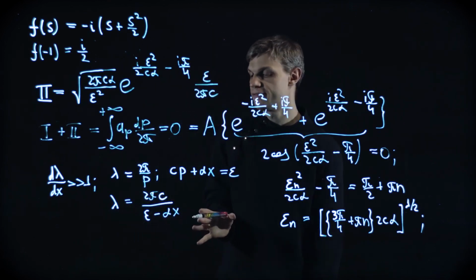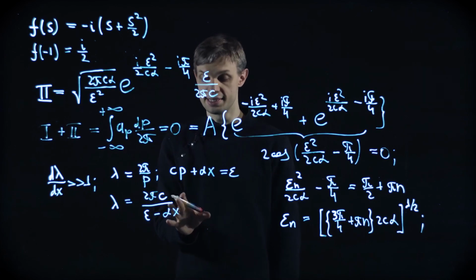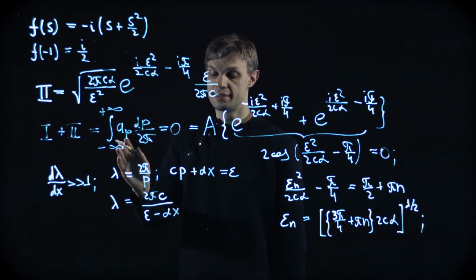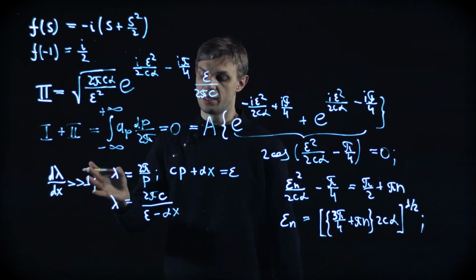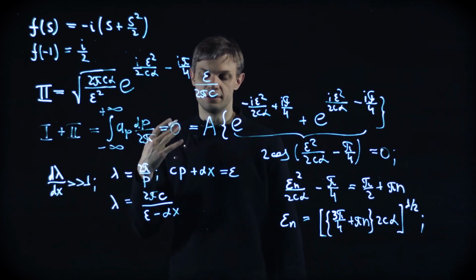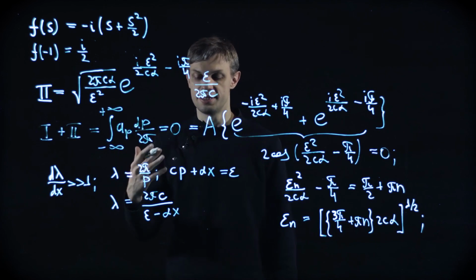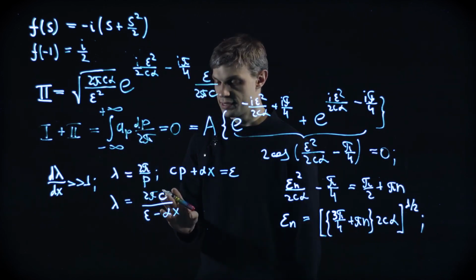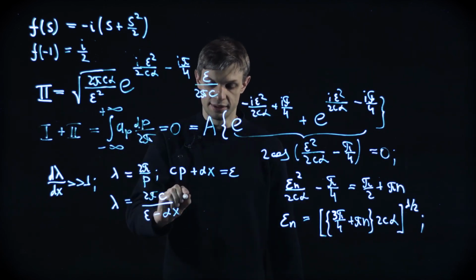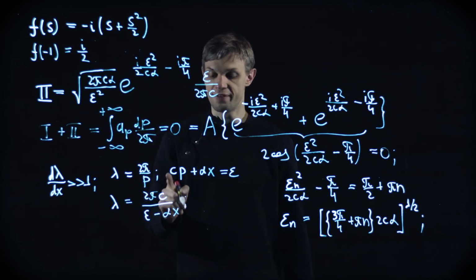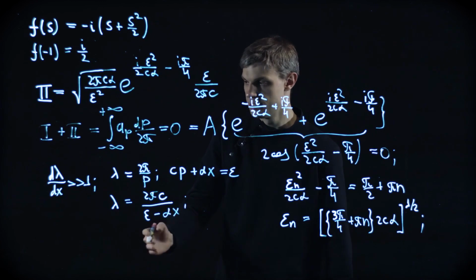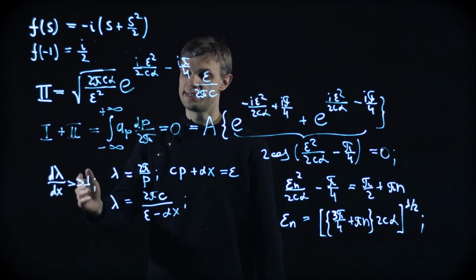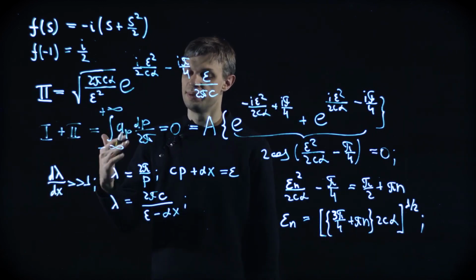So obviously, if x, the coordinate, is large, then lambda is small, and this condition is satisfied automatically. That means that the motion of our particle is semiclassical for large values of x automatically without any additional conditions. But if x is rather small, then we can actually discard this term, and then this condition gives us the condition for semiclassical approximation.